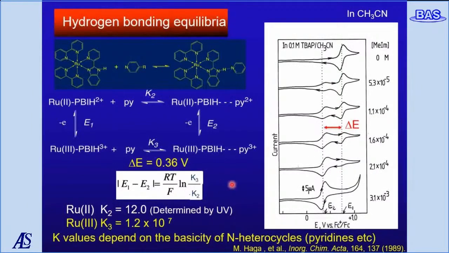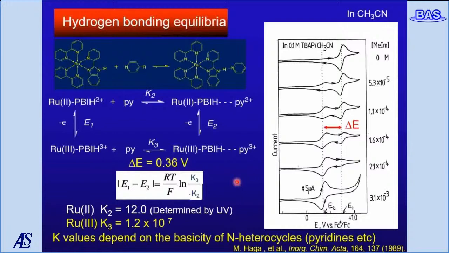Hydrogen bonding equilibrium in redox-active complexes can be examined by the CV method. A ruthenium pyridyl benzoimidazole complex shows hydrogen bonding interactions with a heterocyclic base such as pyridine or imidazole through the benzoimidazole imino NH groups.